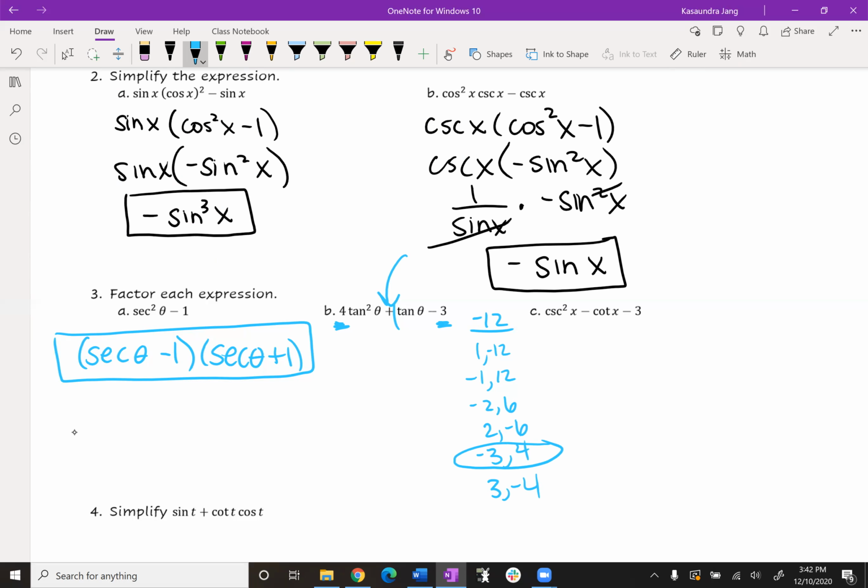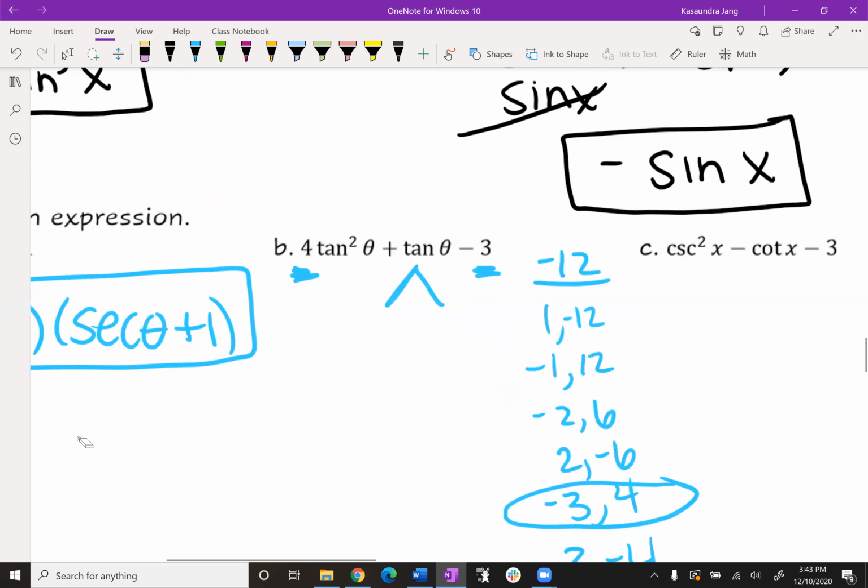All right. So what I've got to do with these numbers is I've got to do some factor by grouping. I'm going to break that 1 tangent into a negative 3 tangent of theta and a positive 4 tangent of theta.